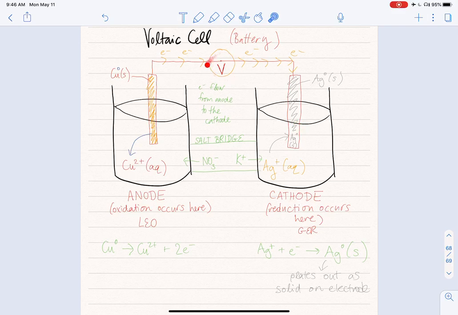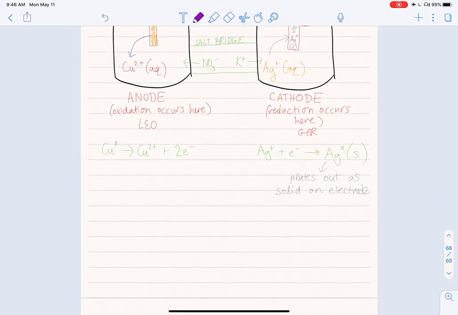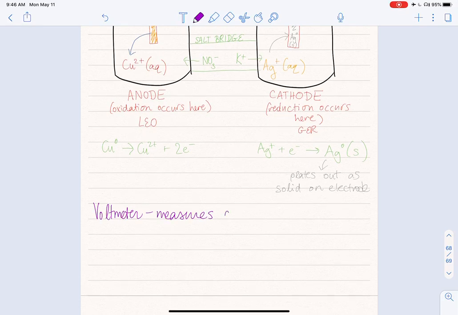So the voltmeter here measures what's called the cell potential. Okay, so let's talk about the voltmeter for a second, and we'll talk about what the cell potential means. So the voltmeter measures what's called the electrochemical potential of the cell.